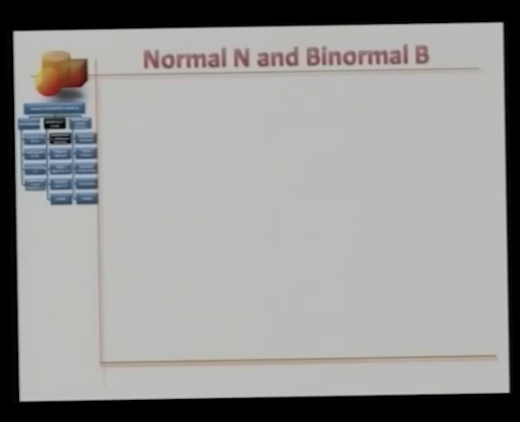The normal and the binormal at a point on the curve. Normal is given by n and the binormal by b. Well, we have this curve, we have a unit tangent t, and we have a plane which is perpendicular to this unit tangent at some point p.